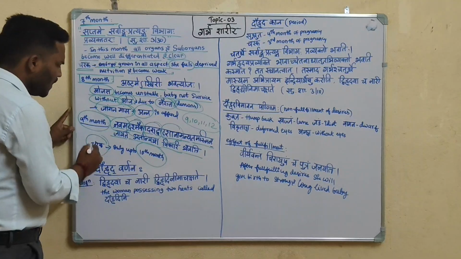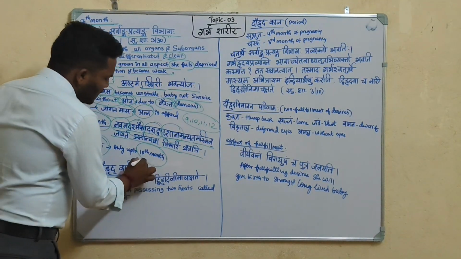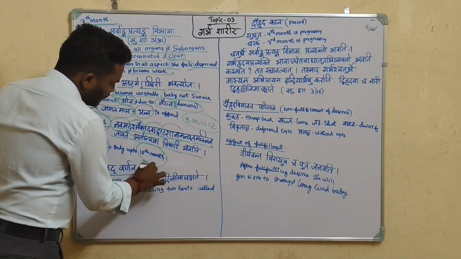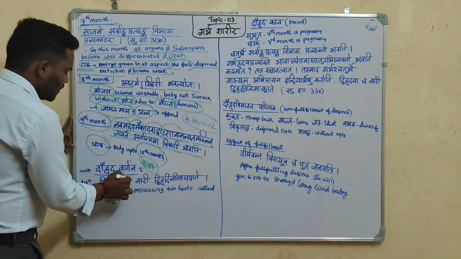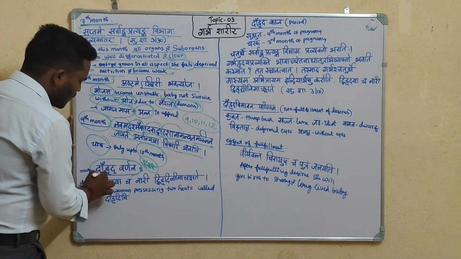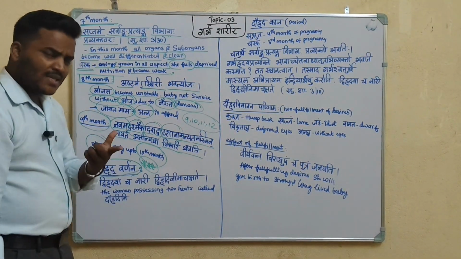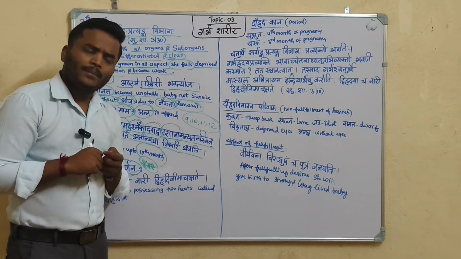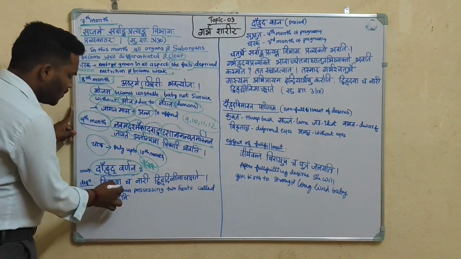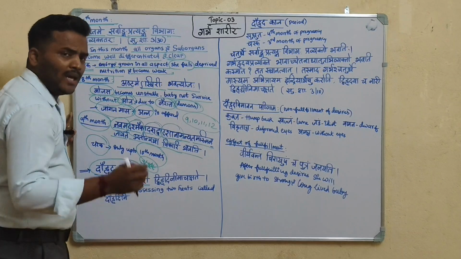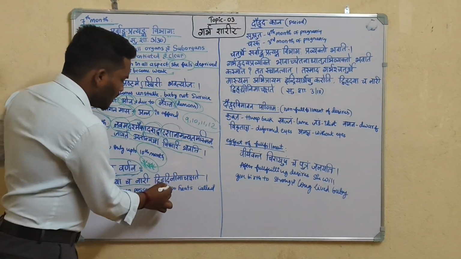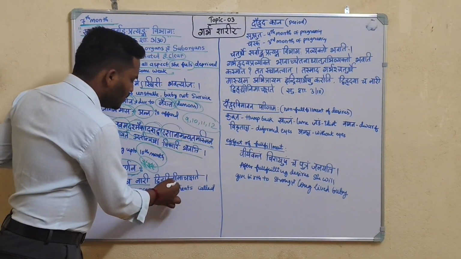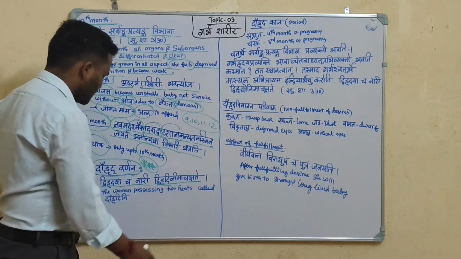Now, one more important concept is Daurhuda Varnana. What does this concept mean? Dvihridayam chanari, dvihridini nama chakshate.